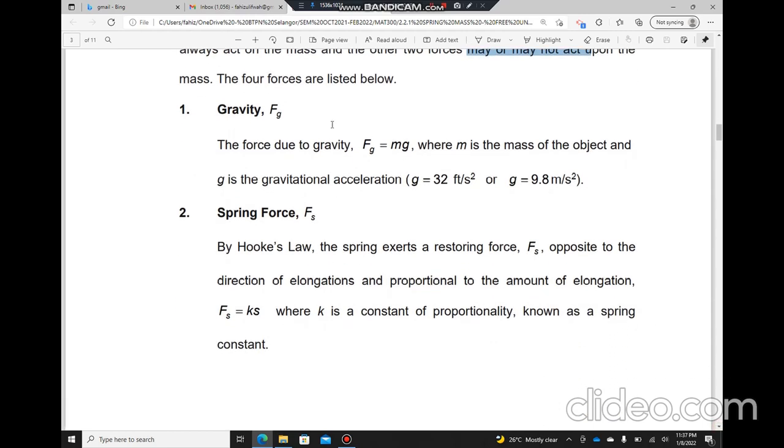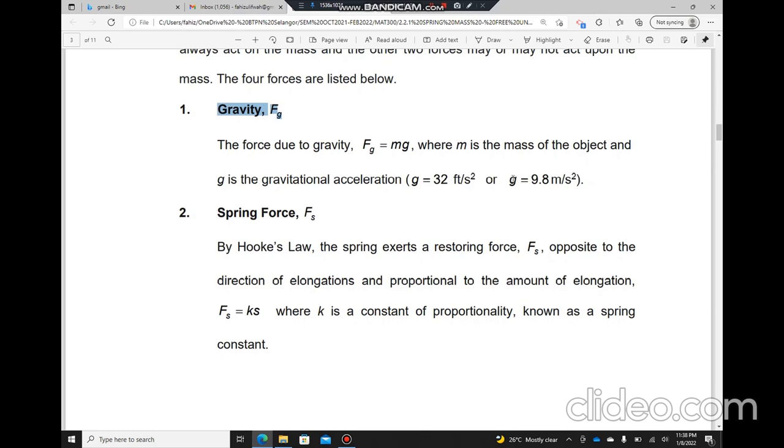Okay, first we have gravity, Fg. This is also a force. The first is gravity, which we denote with Fg. The force due to gravity, Fg equals mg, where m is the mass of the object and g is the gravitational acceleration. We can use units: gravity is 32 feet per second square, or g equals 9.8 meter per second square.